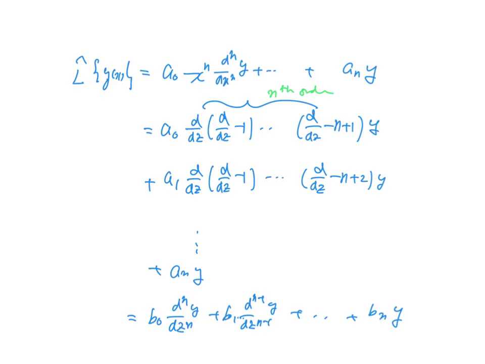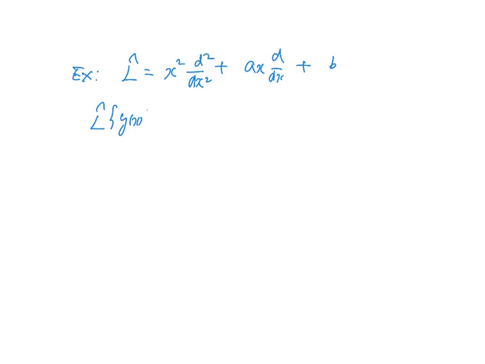So for example, if L is given by x squared d squared/dx squared plus a x d/dx plus b, then Ly(x) is x squared d squared y/dx squared plus a x dy/dx plus b y.